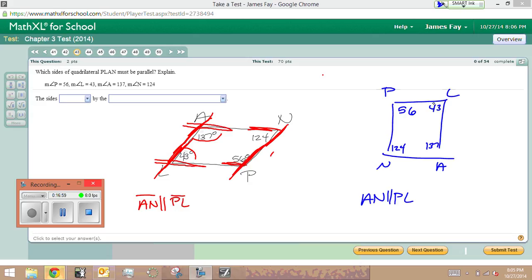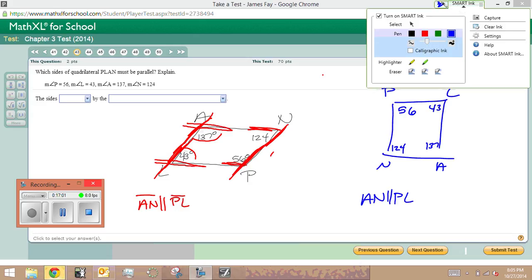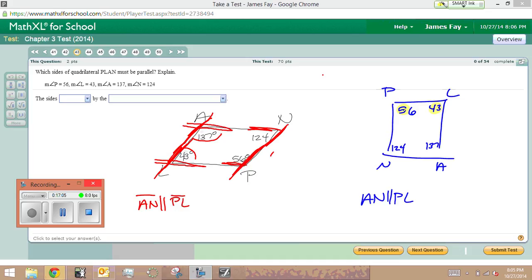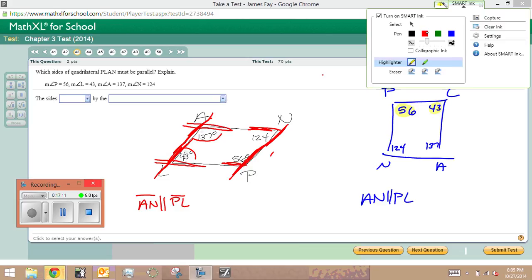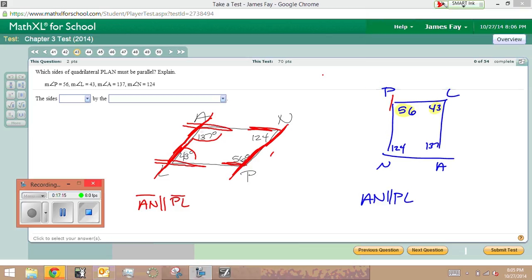What a lot of people are going to want to do is say something about that angle and that angle. Well, we don't have any relationship. They're not equal. They're not supplementary. Therefore, I can't make any argument about that line and that line being parallel because of that transversal. Okay, because that angle and that angle are not supplementary. So just make sure that you understand that.